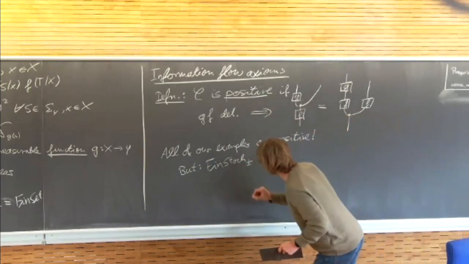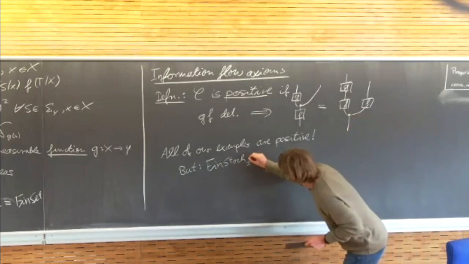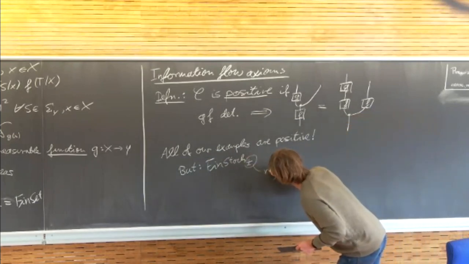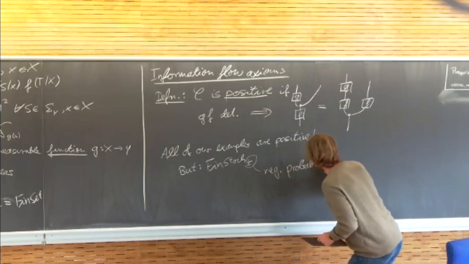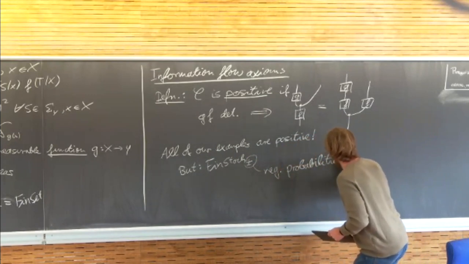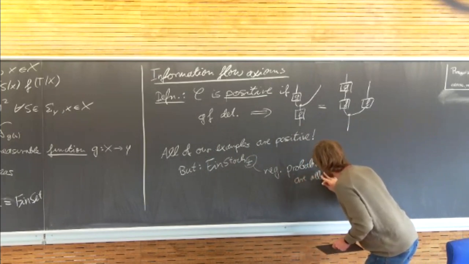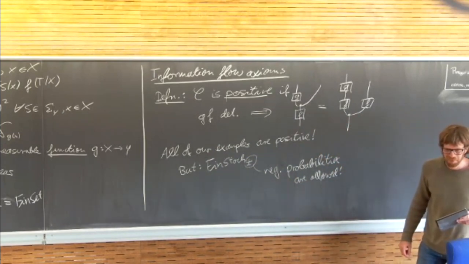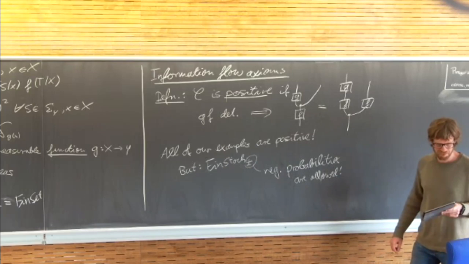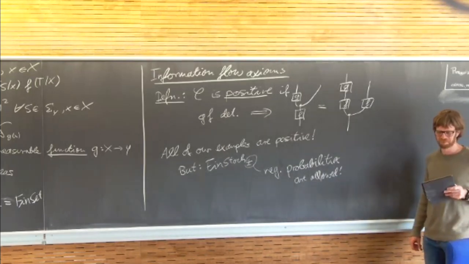This is the Markov category that we call FinStoch plus-minus, just to indicate that negative probabilities are allowed. Basically, it's finite measures. Yes, we still have the normalization, but otherwise finite measures.